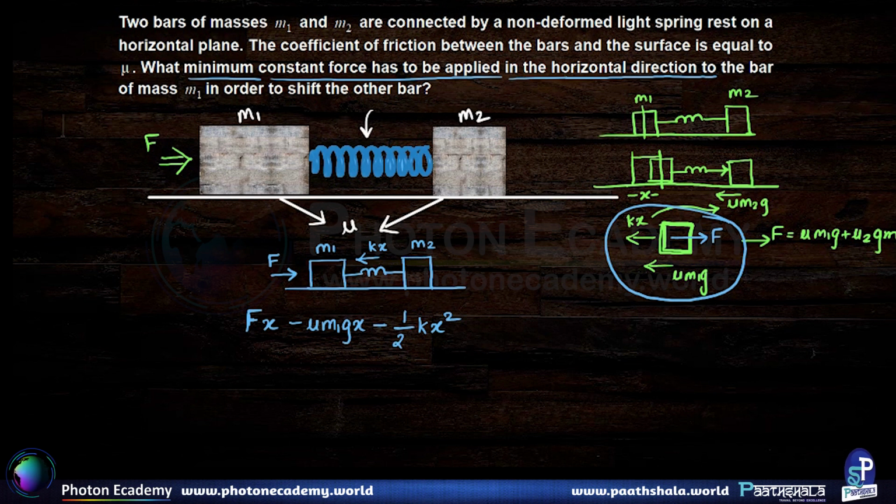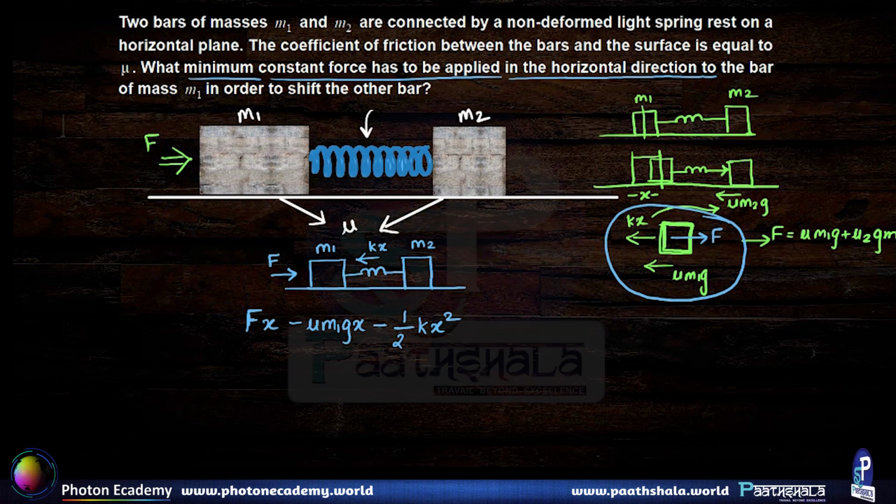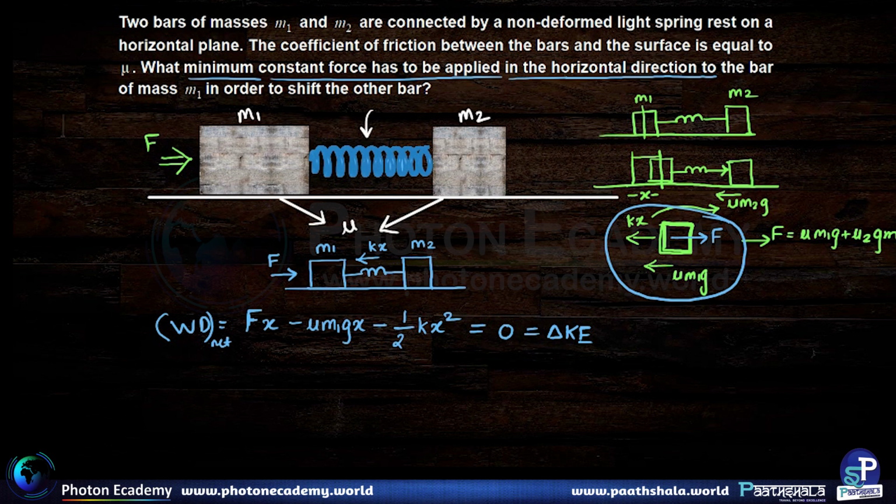This is the important point to realize over here. This is extremely crucial. So from this equation we get the net work to be 0, because 0 is the change in kinetic energy, and using the work-kinetic energy theorem we know that the net work done by all forces is going to be equal to the change in kinetic energy of the system, and here the kinetic energy of the system is 0.